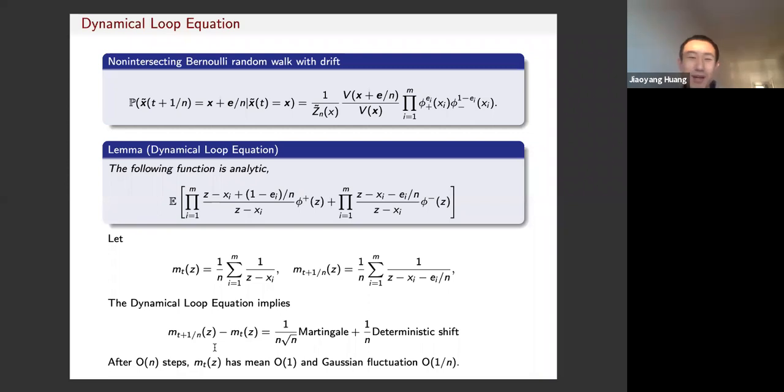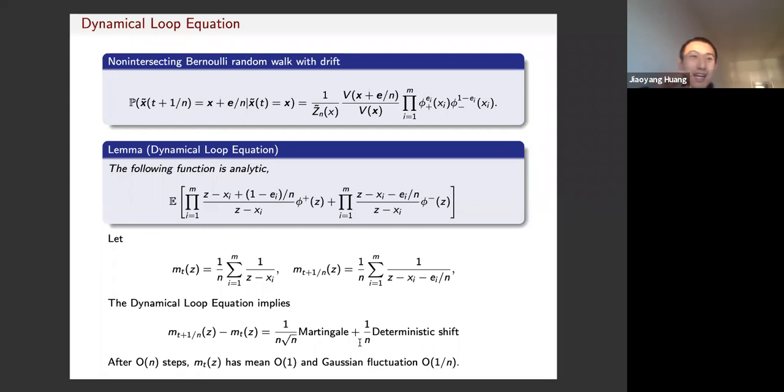So m(t plus 1 over n) subtract m(t), you get a random part given by 1 over n times square root n, a martingale term, plus 1 over n times a deterministic shift.